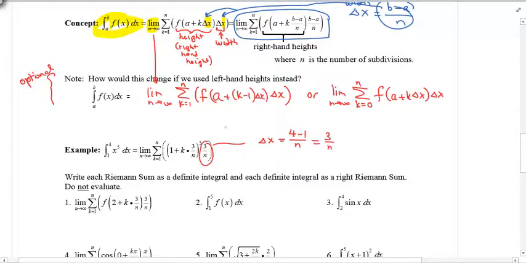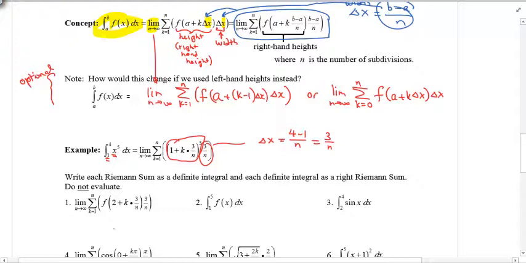And then I just plug it into that formula, right? This part here, including the 5, is your f. So you plug in, in this case, 1 as my a value, plus k times 3 over n, and that's all to the power of 5.